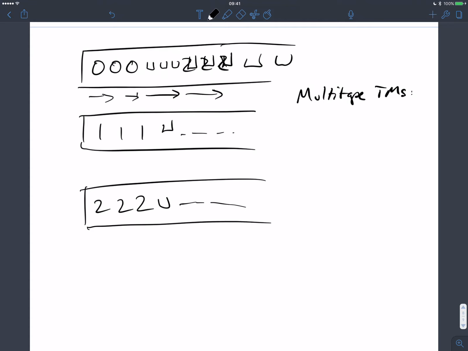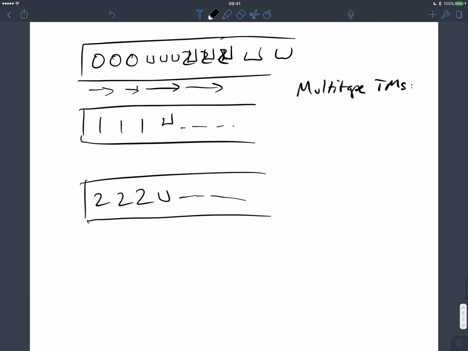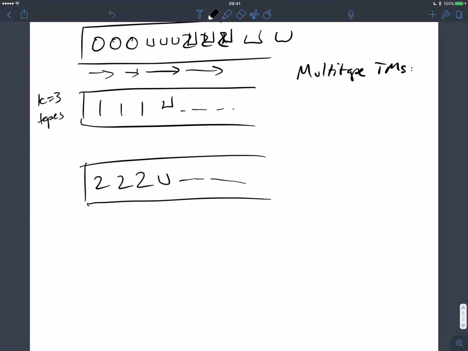Well, it certainly accepts at least as much, but could we convert a multi-tape machine into a single tape machine that accepts the same language? Well, in this case there are 3 tapes, but in general I may have many more. How could I employ what we just did on all 3 of those tapes onto a single tape?